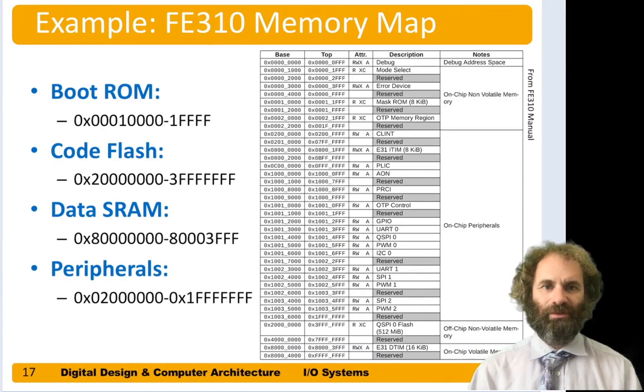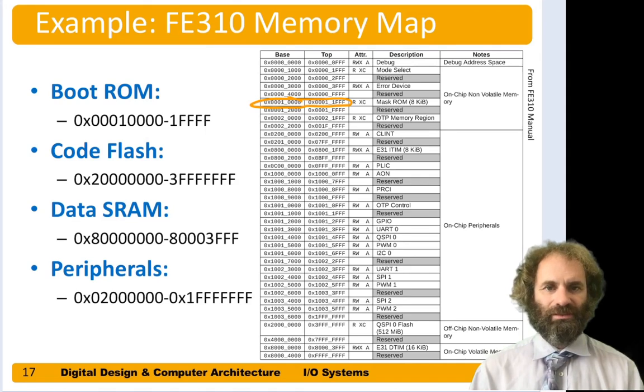Here is an example of the memory map of the FE310. We see around address 1000 through 1FFF is boot ROM, and I'm just calling that 1000 for convenience, even though it's obviously a longer number. When the processor starts, it begins fetching instructions out of that ROM, and the first thing it does is jump to the one-time programmable ROM.